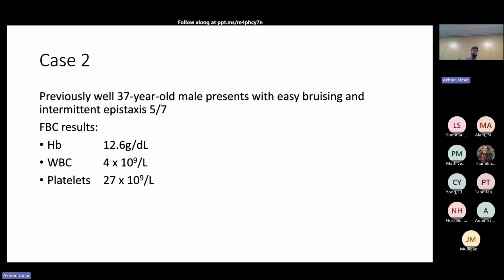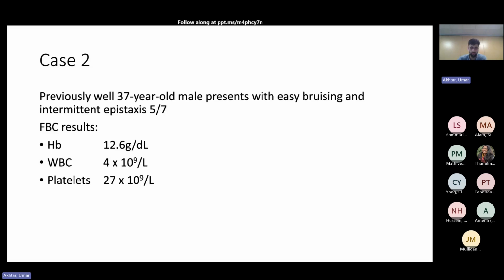So we've got a previously well 37-year-old male who presents with easy bruising and intermittent epistaxis for the last 5 days. The FBC shows a HB of 12.6, white cells of 4, and platelets of 27. How do we interpret these blood results?